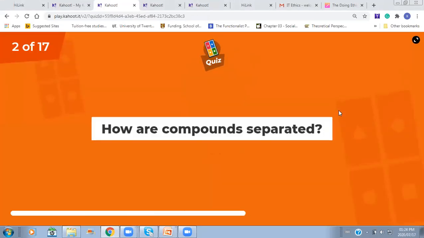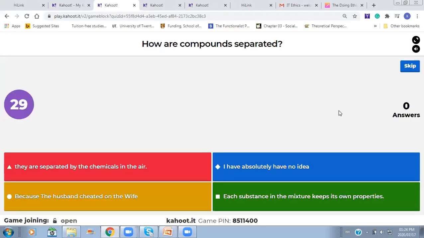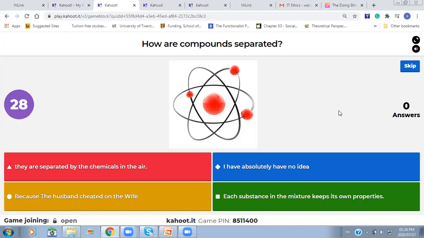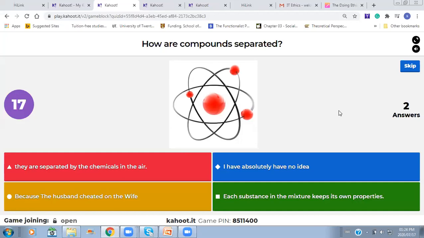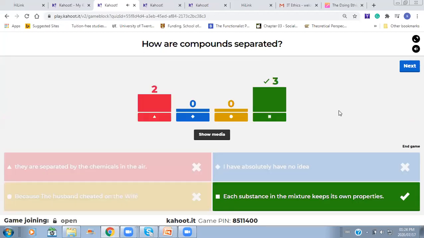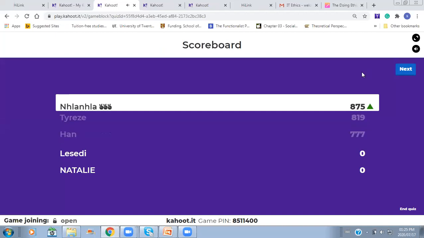How are compounds separated? Let's go on. Okay, very good. Each substance in the mixture keeps its own properties. We have three people who selected this: Tlantla, Tyrus, and Han.